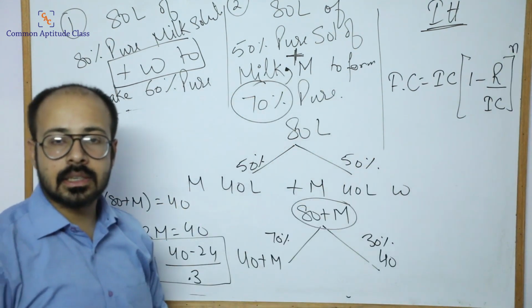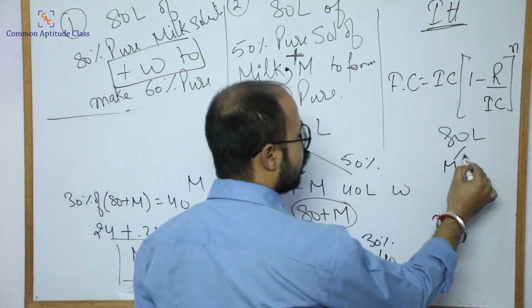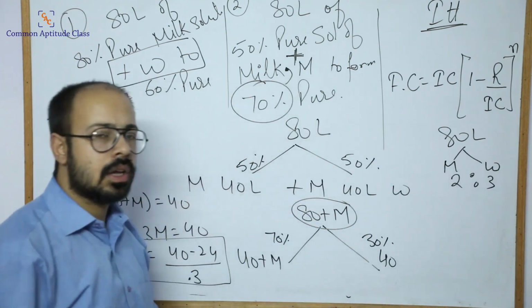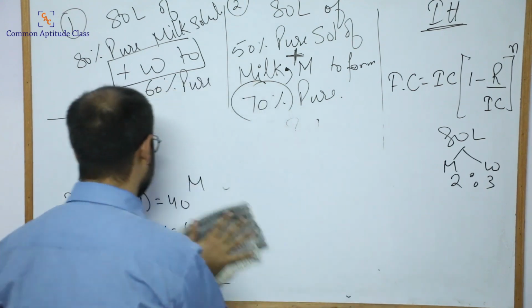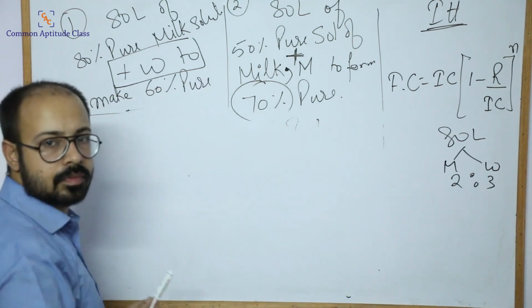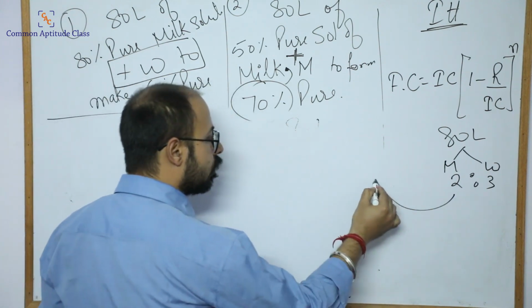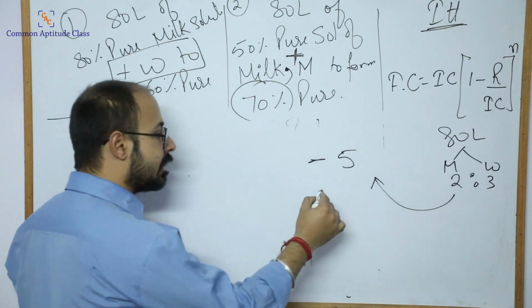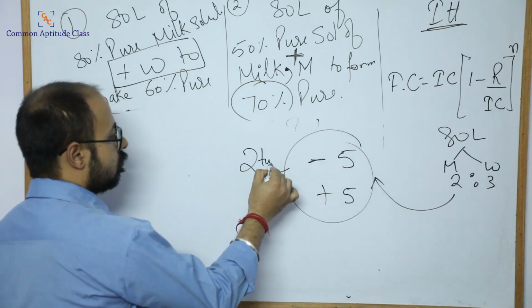What kind of question will they ask? A beaker of 80 liters, solution of milk to water 2:3. The basic question. Now 5 liters is taken out from the mixture and 5 liters of milk is added to the mixture, and this process is done twice.